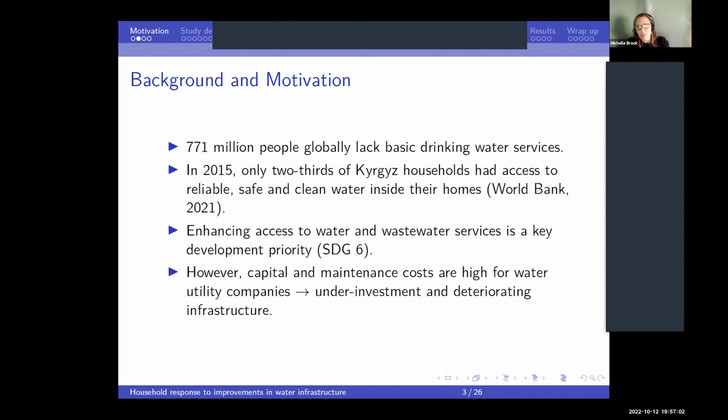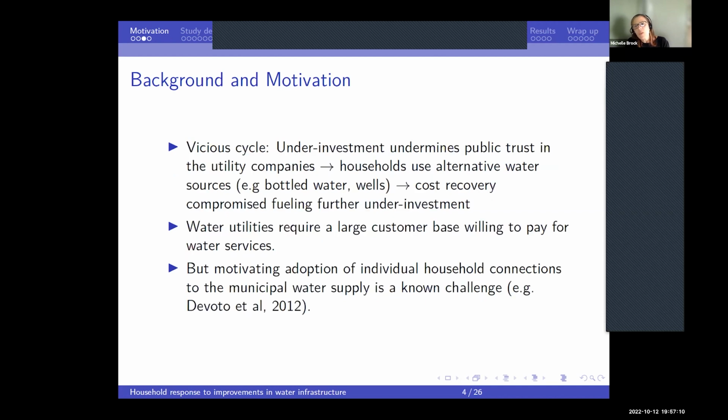Well, it's very expensive to maintain the water utilities, and underinvestment leads to a vicious cycle where people then don't trust you. So your services are poor because you underinvest, because you don't have enough customers, and then you can't get more customers because your services are poor. And this further undermines cost recovery.